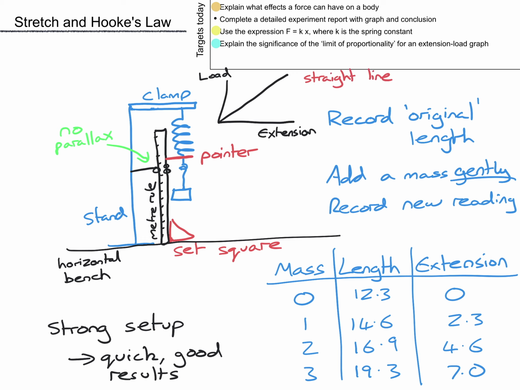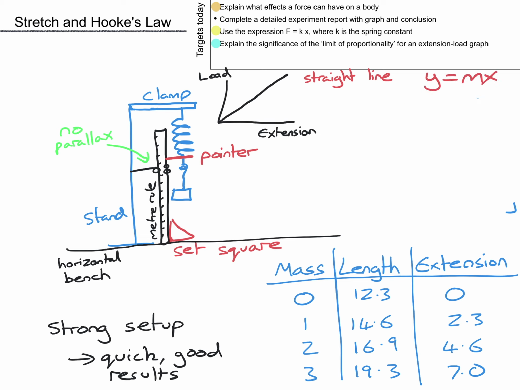Then, from maths, we can see that the equation for that graph is y equals mx, or in this case, F equals gradient times x, which looks like F equals kx, where k is the gradient, a constant, and we call that constant the spring constant.